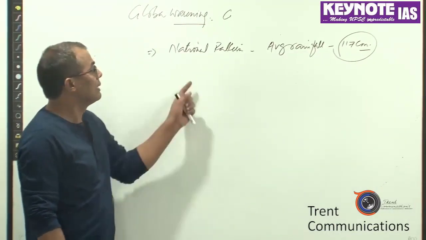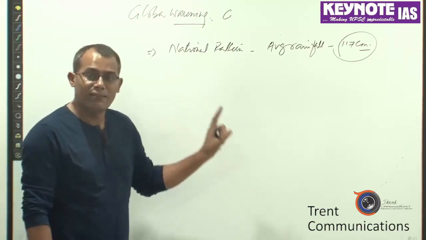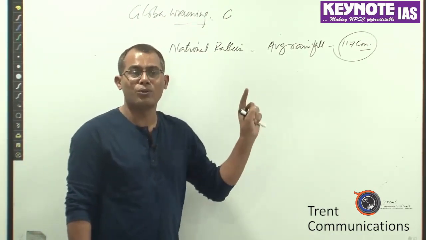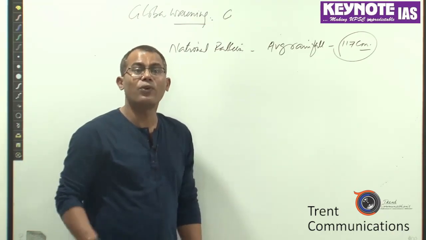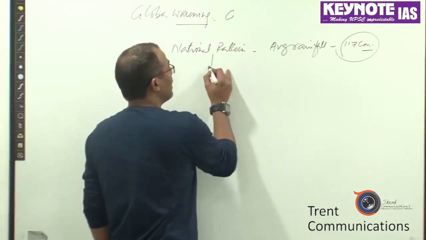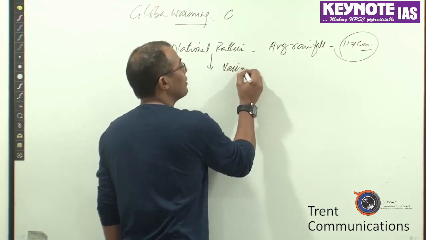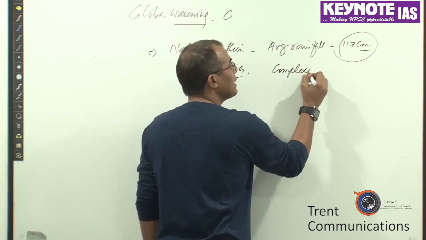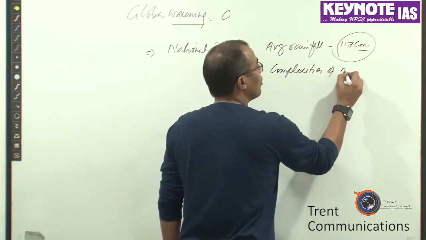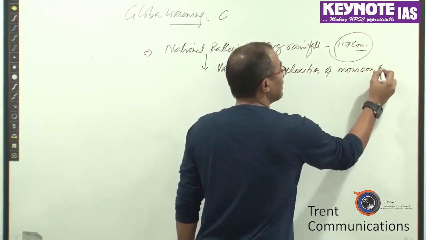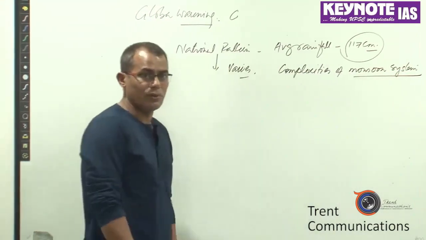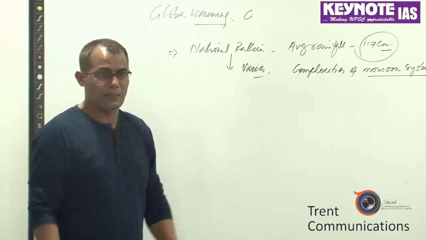Even the national pattern is highly variable, associated with the complexities of the monsoon system. For example, the pattern varies because of the complexities of the monsoon system. Now here you are not supposed to talk only about the southwest monsoon, because you are talking about national pattern.